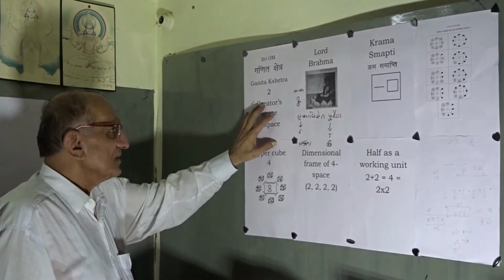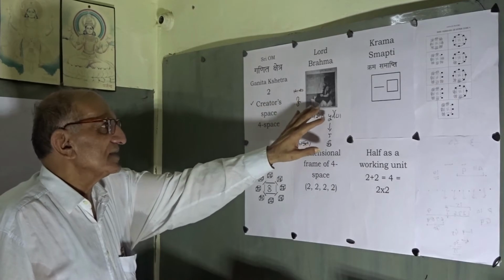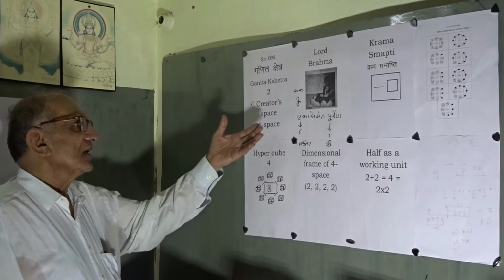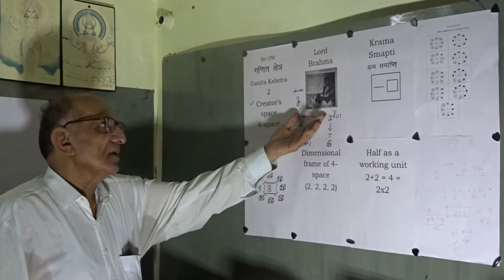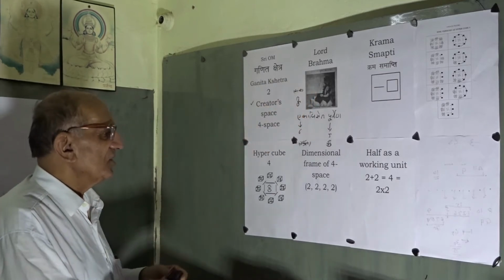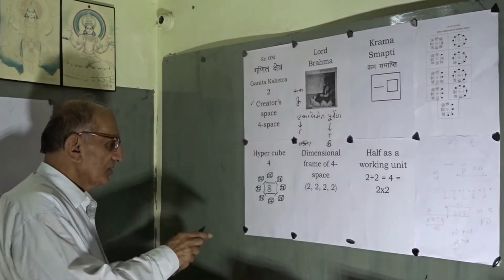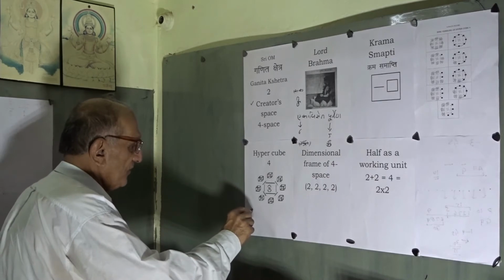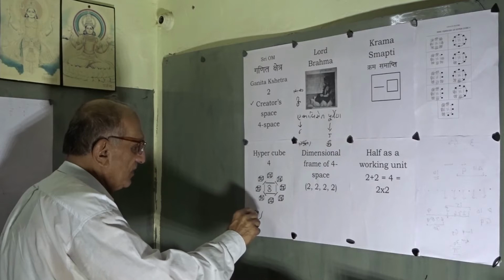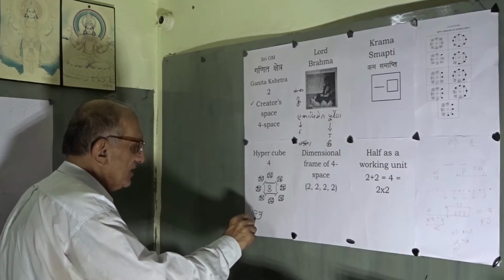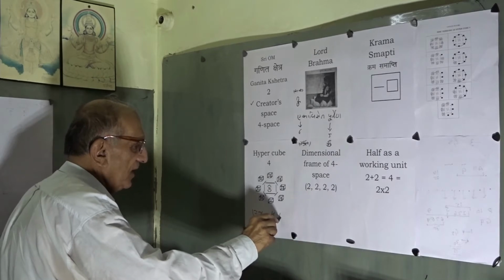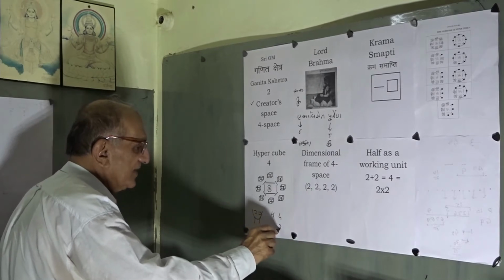By creator's space we mean the space presided by Lord Brahma, creator the supreme. The creator the supreme is a 4-head Lord with a pair of eyes in each head. So heads are 4 and in each head there are 2 eyes.